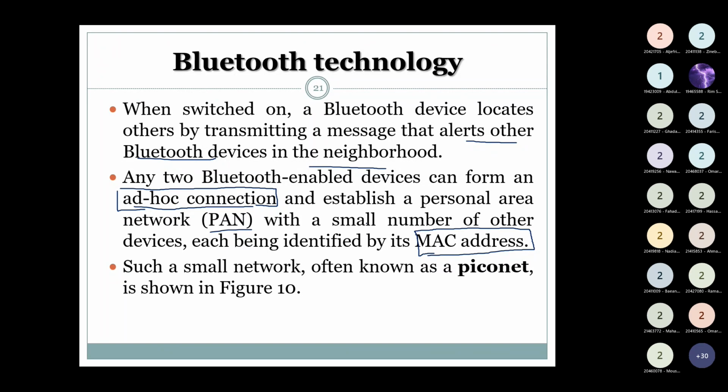And here, because we form a small local area network, we can use just your MAC address. It is your physical address. The physical address is the address of your device. Once you have a mobile or a laptop or a printer, you have the MAC address. It is a unique number.